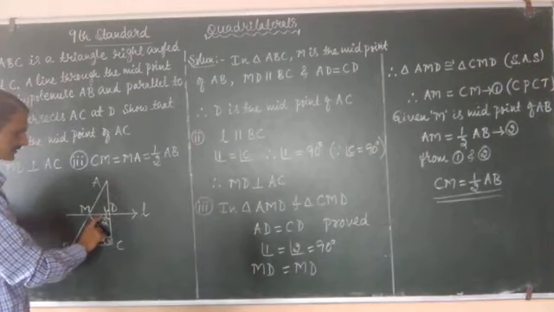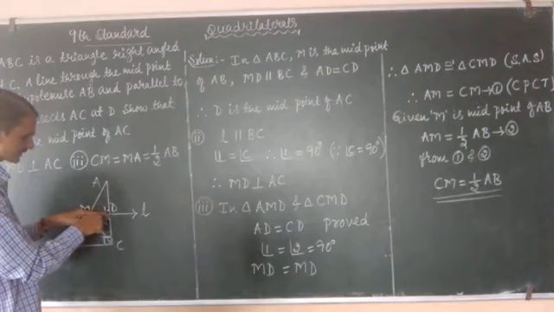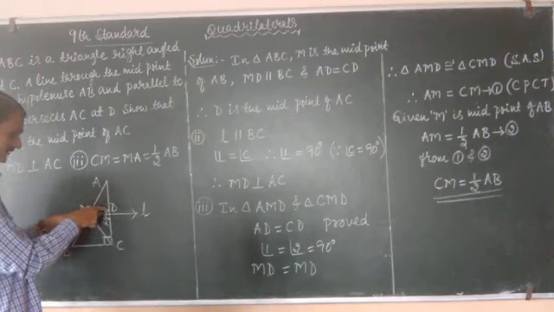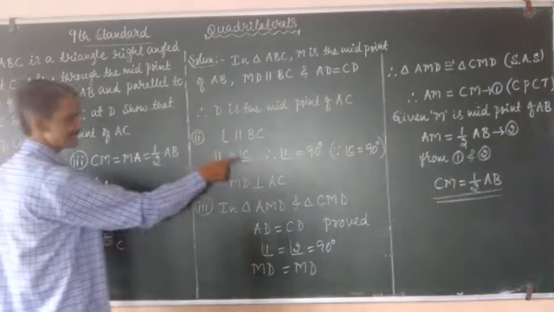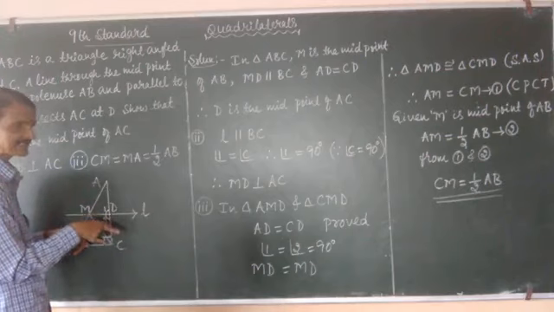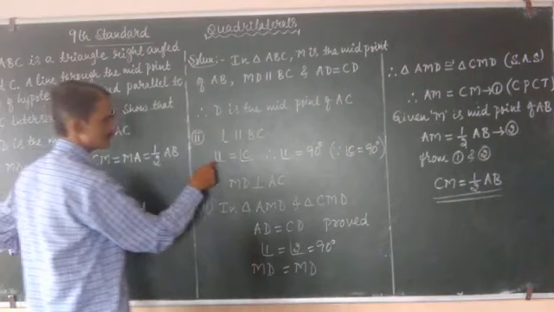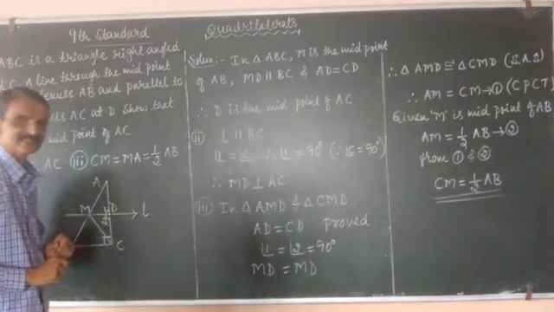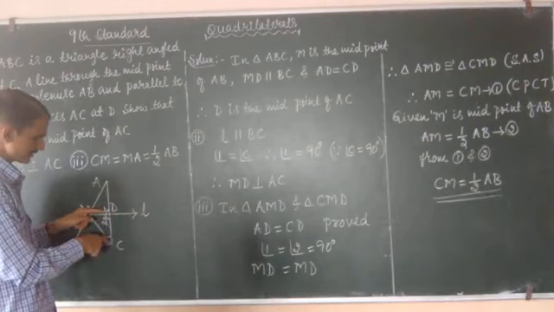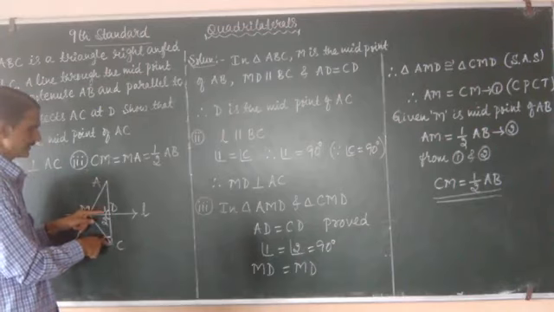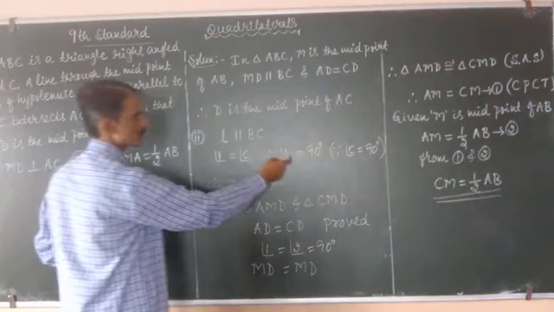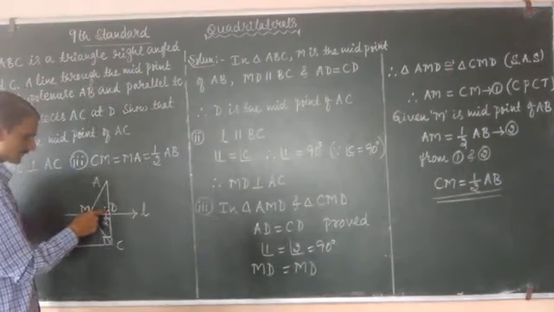So these two are parallel lines, and we can write angle 1 is equal to angle C. The value of angle C is 90 degrees, therefore the value of angle 1 is also 90 degrees.